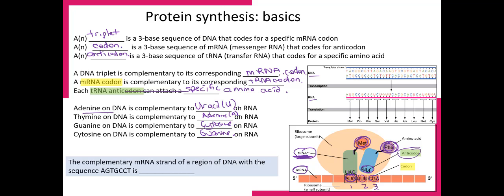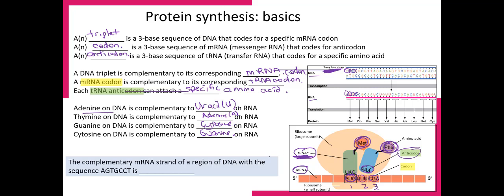And you can confirm this by looking at the diagram above, right? So you've got it right there. If you look at the template strand, we want to compare the template strand, not the second strand. You can see here, this is complementary to that. A is complementary to U on the RNA strand, C complementary to G, G complementary to C, and so on and so forth.